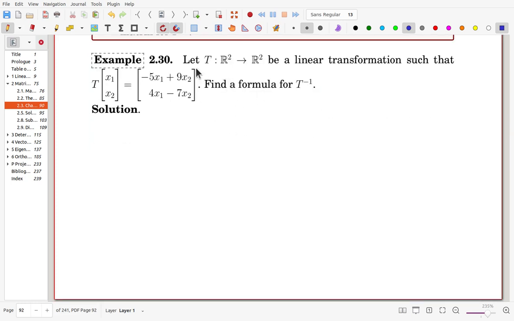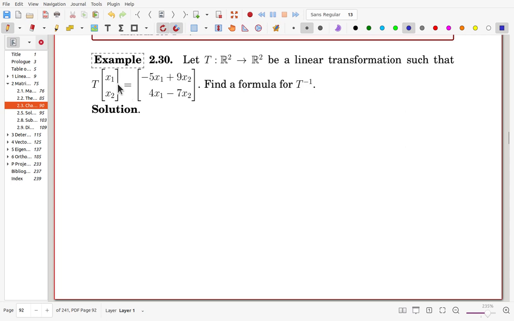Okay, here T is a linear transformation from R2 to R2, given in this way, and we want to find the formula for T inverse.